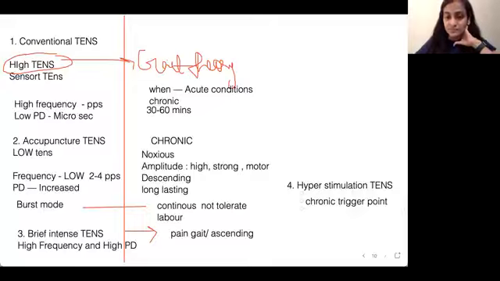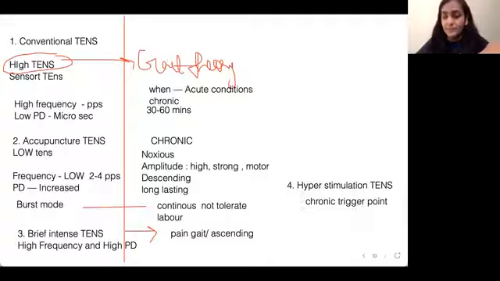Ascending, descending? Descending, because it was a very sharp, noxious stimulus, and the parameters were the same as your acupuncture TENS. So the effects are going to be slightly more long lasting. So these are your 4 types of TENS: conventional TENS, acupuncture TENS, brief intense TENS, and your hyperstimulation TENS.